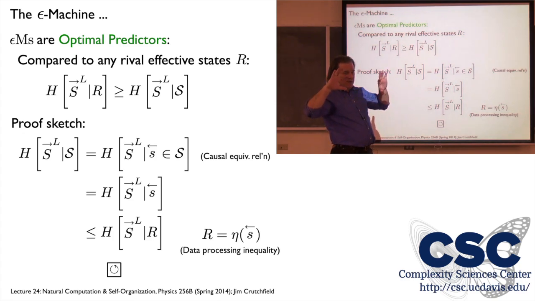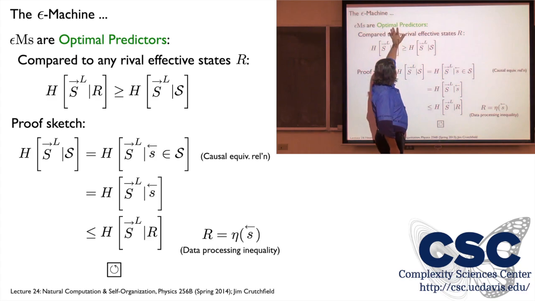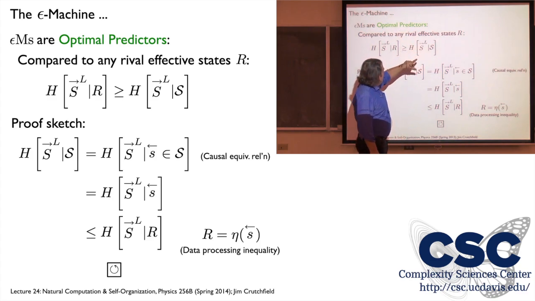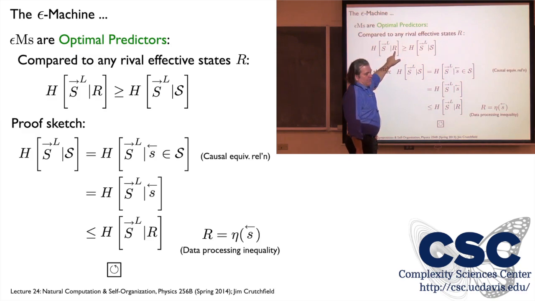So we're going to go back and start talking about how an arbitrary choice of model induces a partition over the space of histories. The idea here is to establish optimality. What we mean is that the uncertainty in the future, given the causal states, is the lowest compared to any other alternative. If I condition on anything else, typically your uncertainty will be higher.